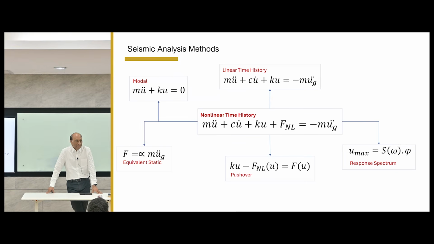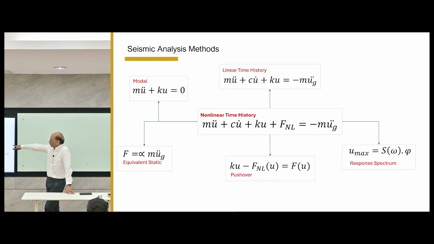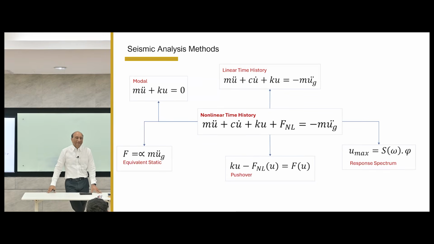Equivalent static analysis is what people have been doing for centuries, right? Because we didn't have anything better than that. Now we have the tools to do the entire nonlinear time history analysis, and that's a problem. Actually, it's not a good thing. It's a bad thing, because now you have to do it, and you have to have so much data, so much understanding, so many tools, so much more work to do.